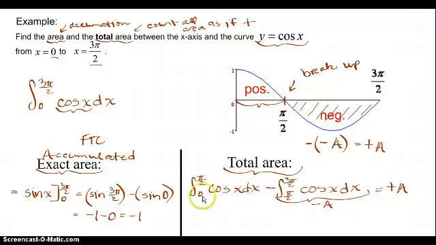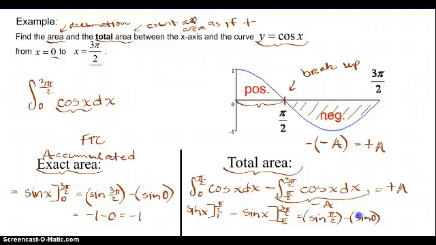The antiderivative on the first definite integral is sine of x. We announce we're doing fundamental theorem. We're subtracting the same antiderivative function, and we're doing fundamental theorem over this interval. And so we're going to get the sine of the upper limit, pi over 2, minus the sine of the lower limit, sine of 0.